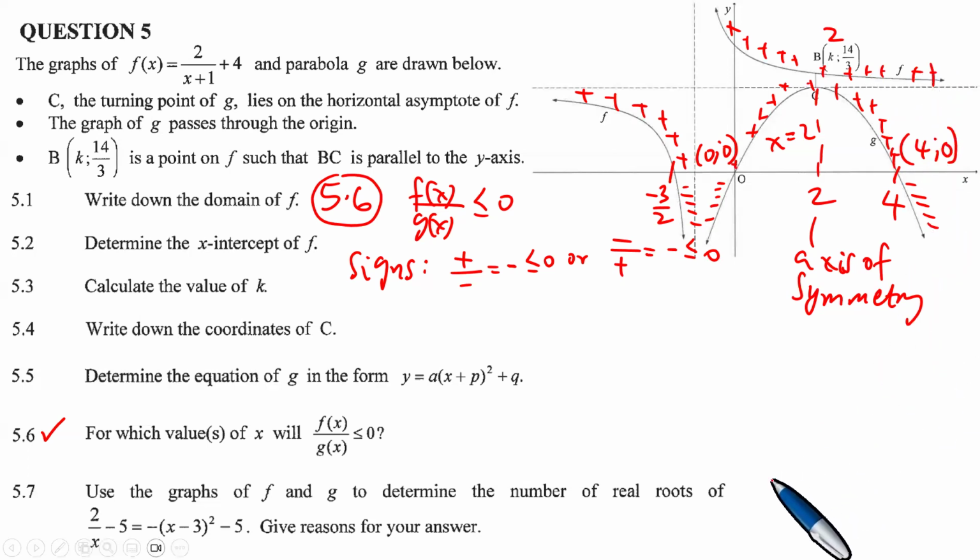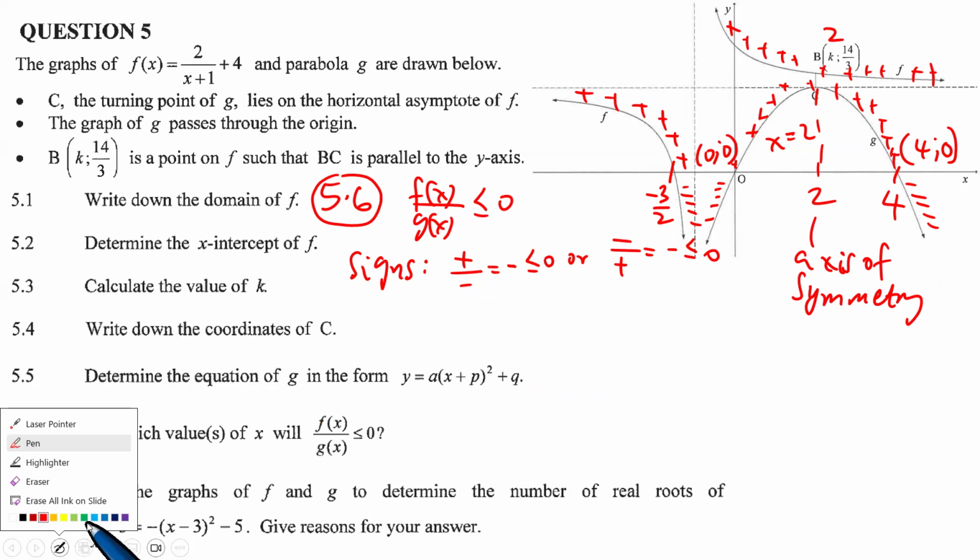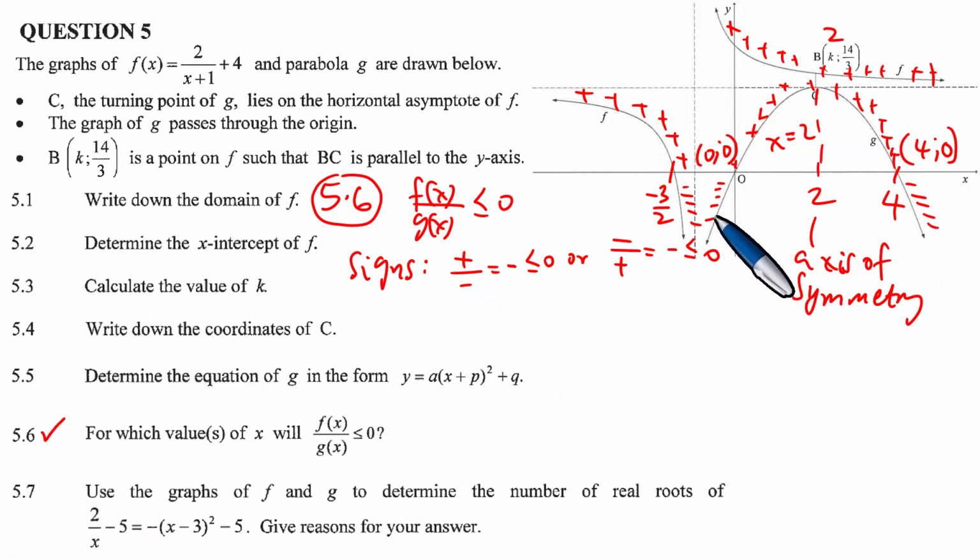Now, with this mentioned, what do we do with this? We continue to solve for x. To solve for x, we need to consider different parts of this graph. And now I want to perform an extension of this.